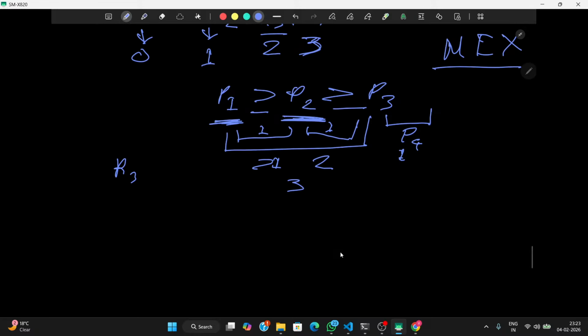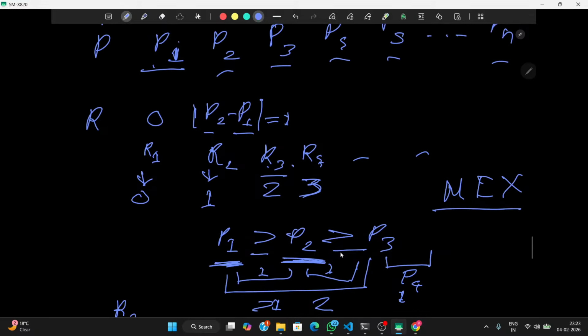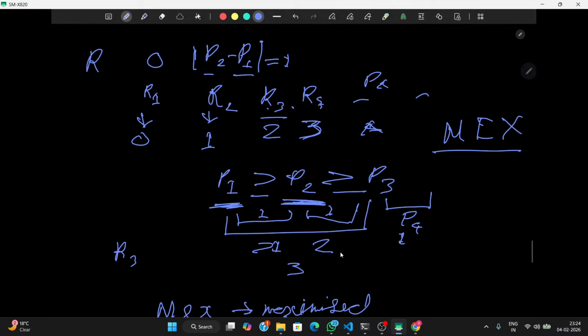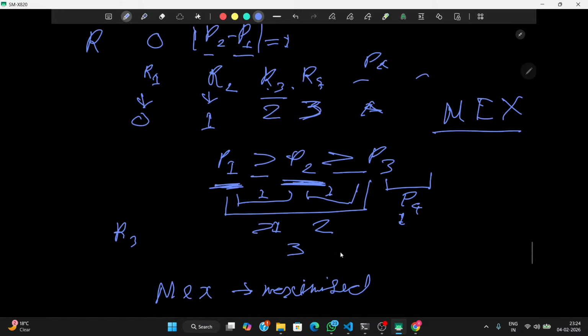Now, what are we getting here? For the max to be maximized, we want R to increase continuously: 0, 1, 2, 3, 4. Suppose it increases up to some value x, or some Rx, right? What does that signify? That the first x elements will be adjacent to each other, as we saw here.